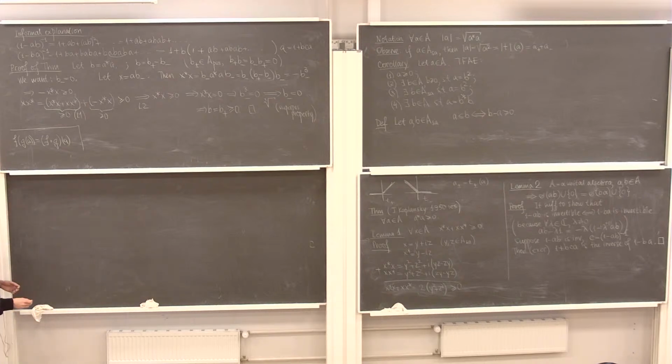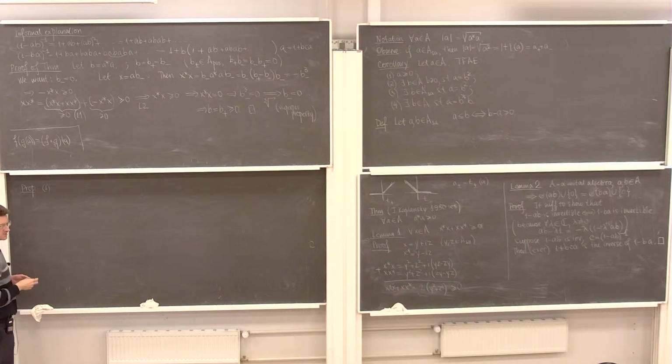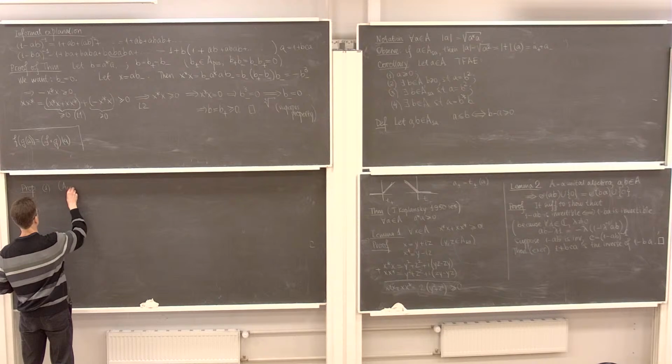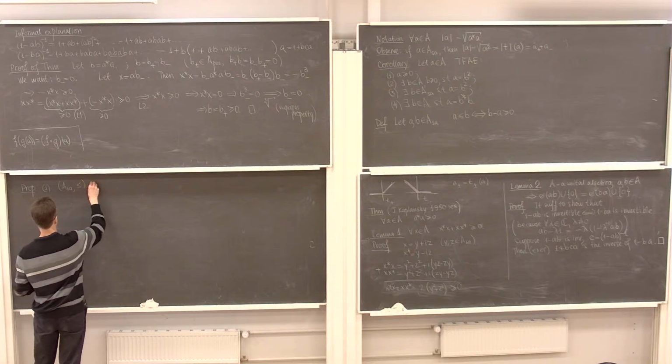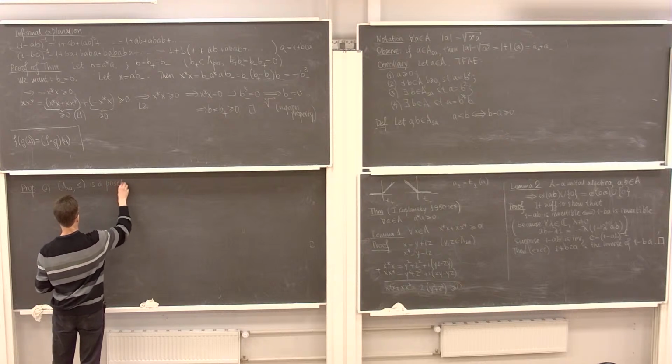So what can we say about this relation? I have the following proposition. First of all, this is indeed an order relation. So the set of all self-adjoint elements together with this relation is a poset, a partially ordered set.